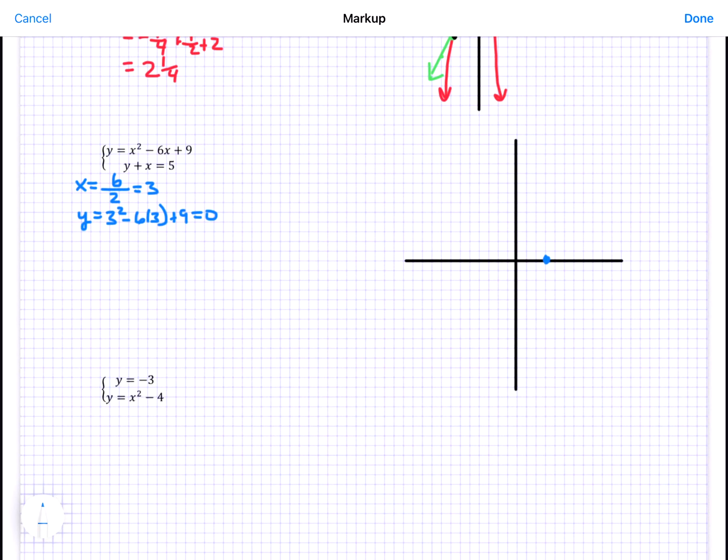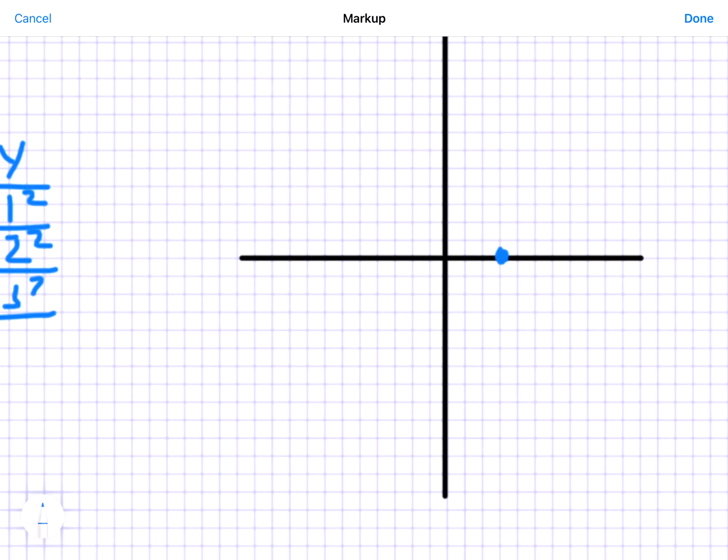And so if we remember when we're graphing quadratics, when we move to the right one, we're moving up, we square it. So every movement to the left or right, the vertical movement is that squared. So from 3, 0, when I move to the right 1, I move up 1. When I move right 2 from it, I'm moving up 4.